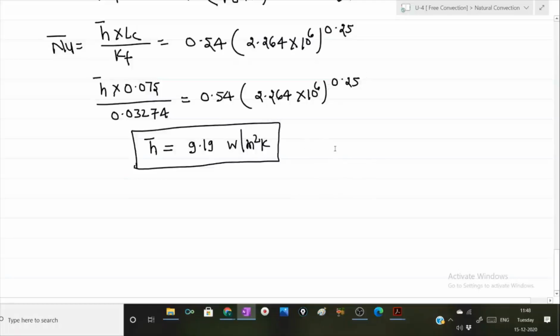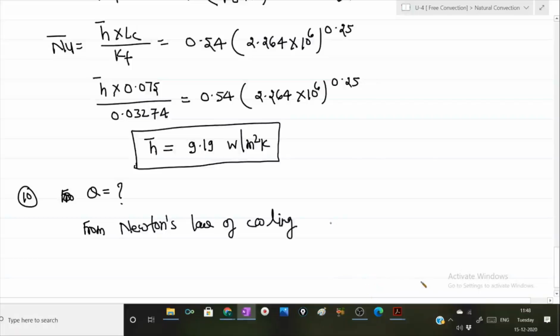But we are supposed to calculate the heat transfer rate. So now step number 10, find Q. From Newton's law of cooling, rate of heat transfer Q is equal to H bar into AS into (Ts minus T infinity).